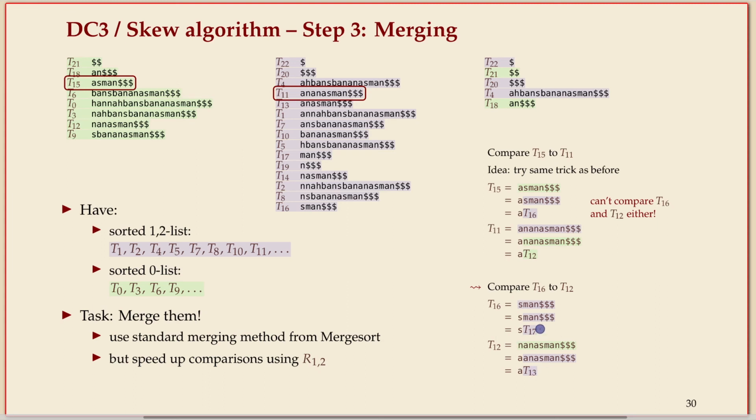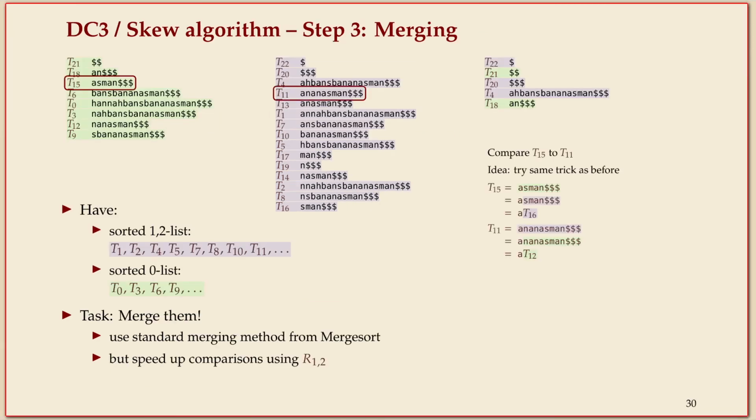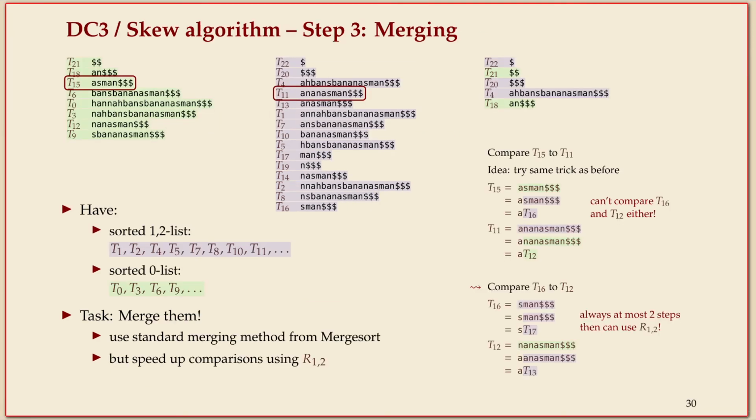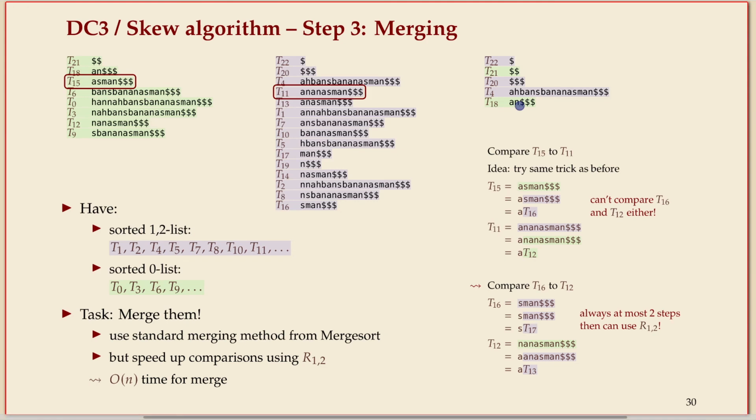And once we have the 2 blues, we can use our rank array and look which one's smaller. We can always use at most 2 steps, and then we know what the smaller of the 2 is.